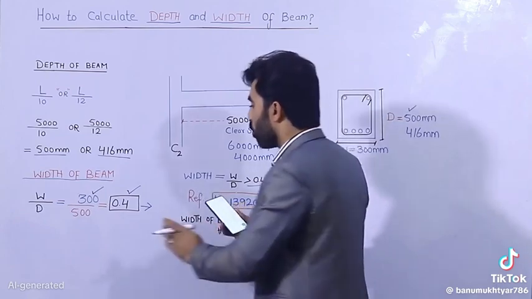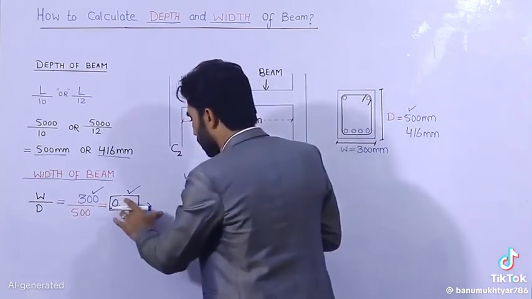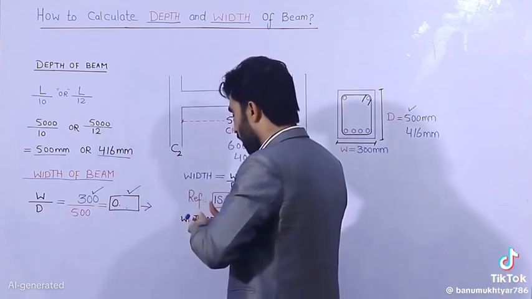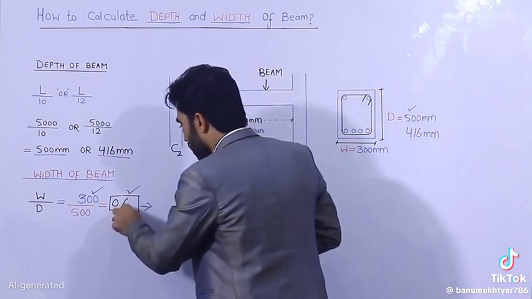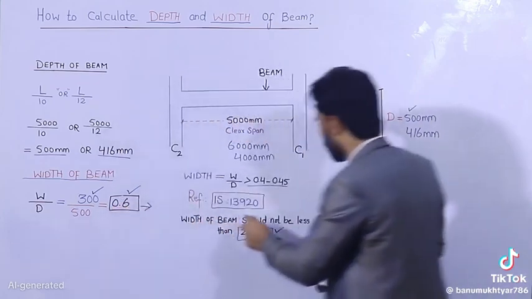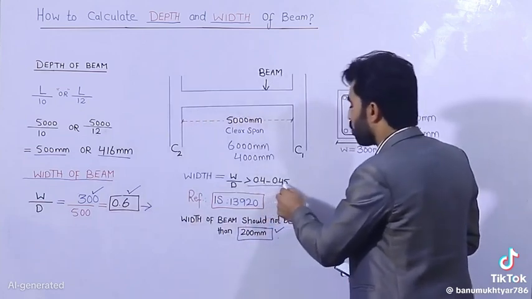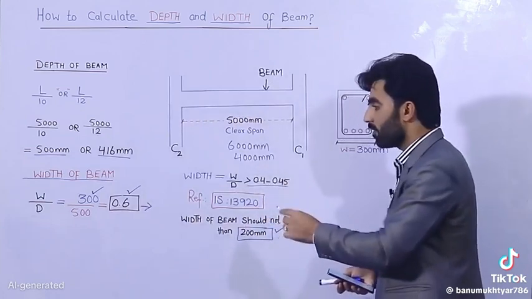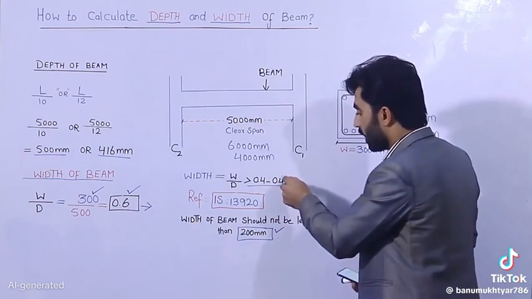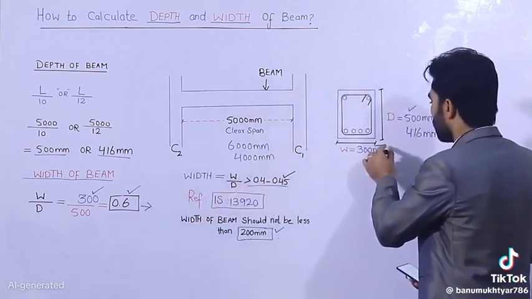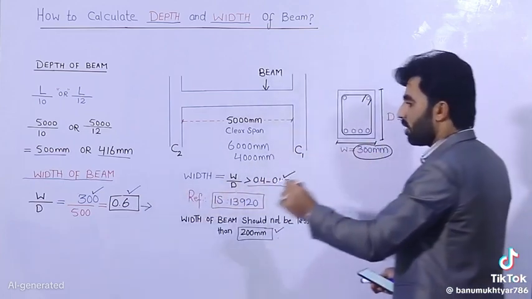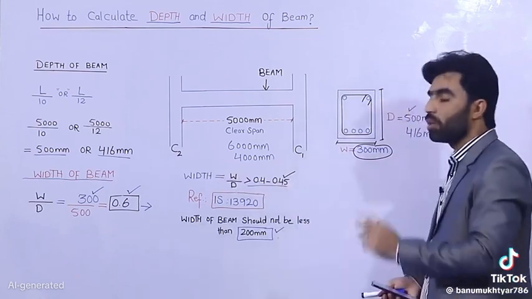So the value is 0.6. So if you see here, this is 0.6. So now this is better than this value, as you can see. So from 0.4 to 0.45, this is safe, but I should put factor of safety in this. So therefore this is 0.6. So 300 is better than 200 or 250 mm.